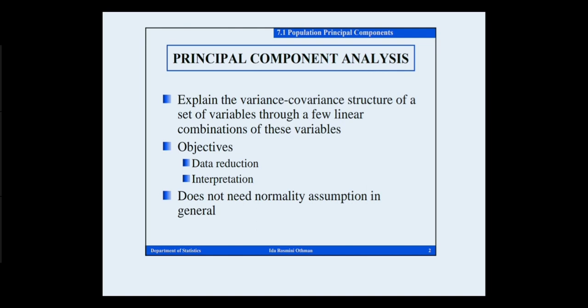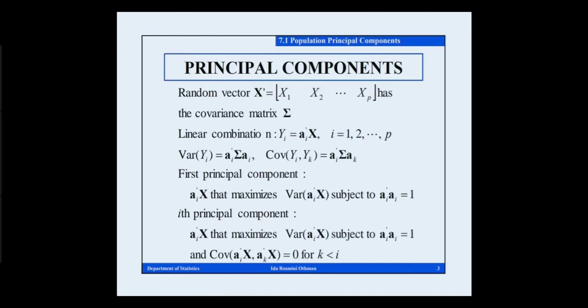We do not need the multivariate normal assumption. I do not need the normal assumption to conduct the principal component analysis. Okay, so remember our intention in using principal components is to reduce this large set of variables using a smaller set of components by looking at the intercorrelation between the variables.